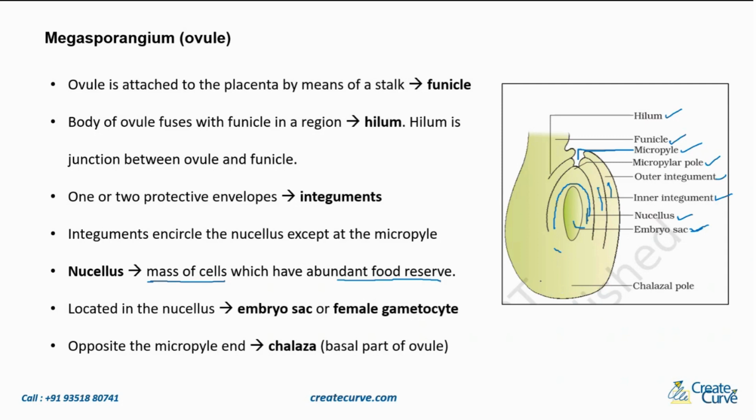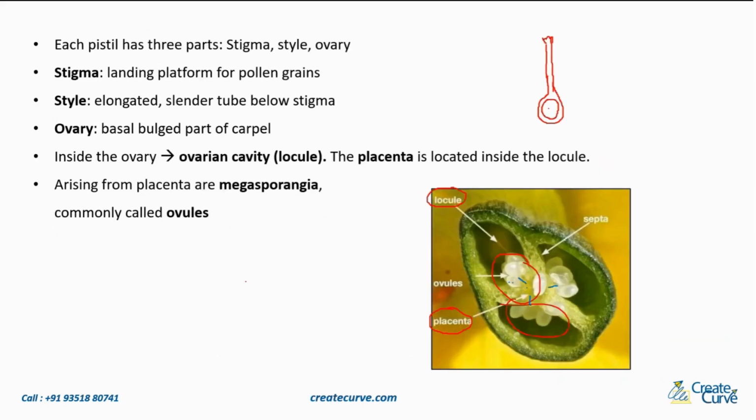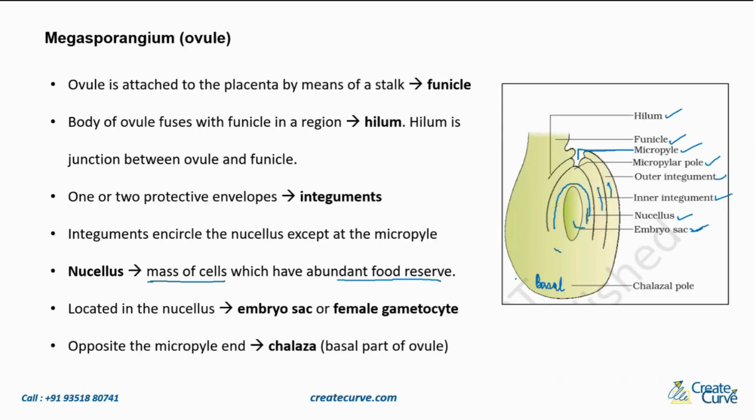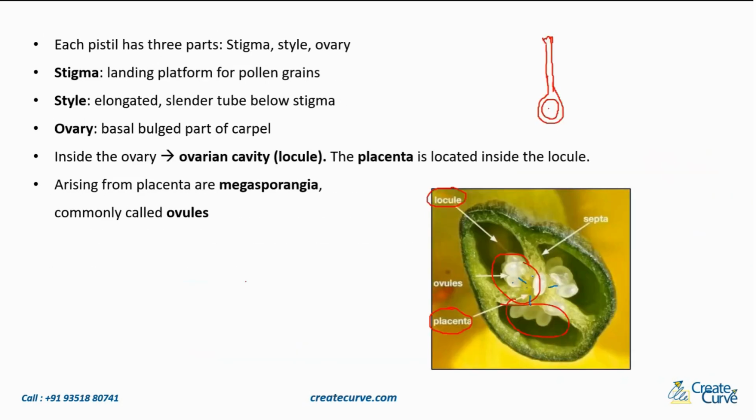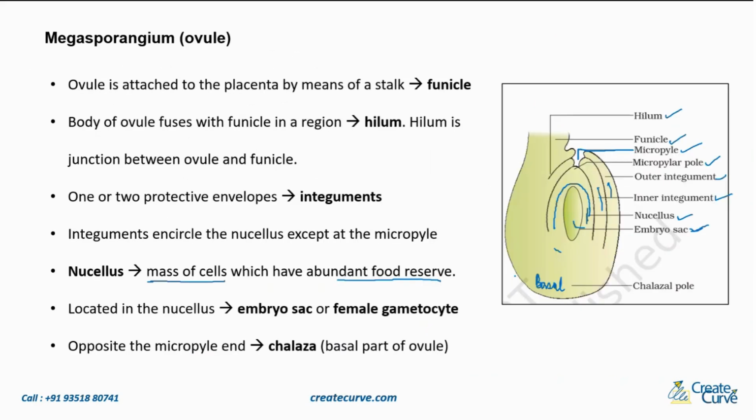So this is the base of the ovule. All this structure is inside the white thing that I showed you in the previous diagram. All of this is within that white colored structure that you see, because it is nothing but the structure of the ovule.